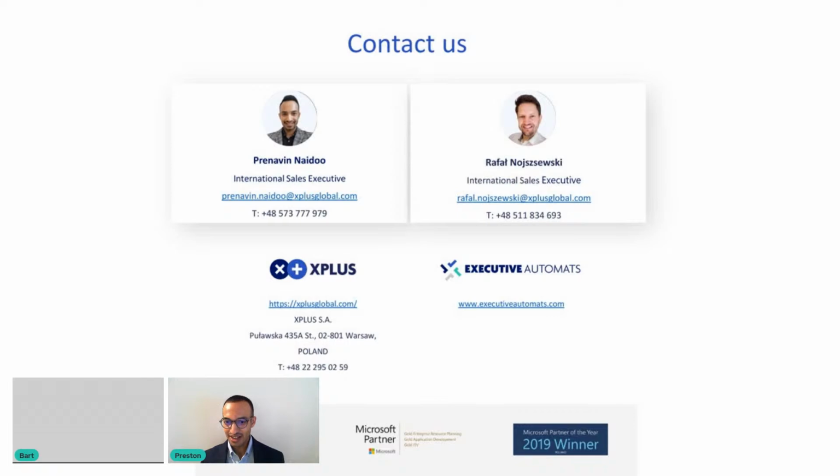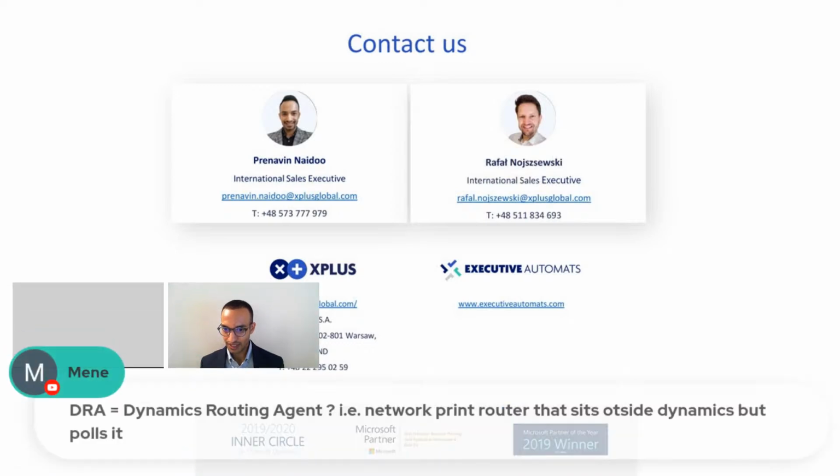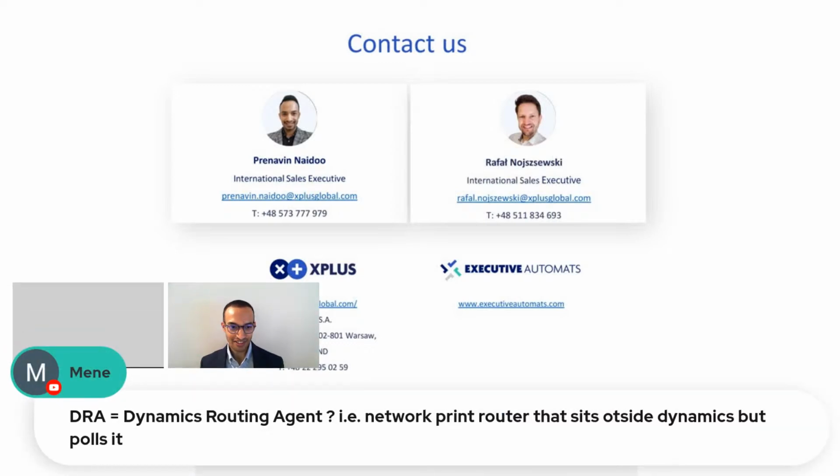Okay, Mene has shared with us, DRA, Dynamics Routing Agent, or Routing Agent, i.e., a network printer router that sits outside Dynamics but polls it. Interesting. This is something we haven't done yet, so we will need to check the routing agents.